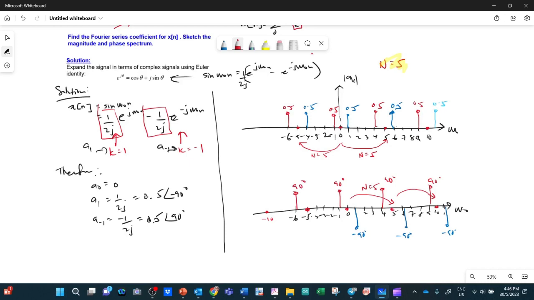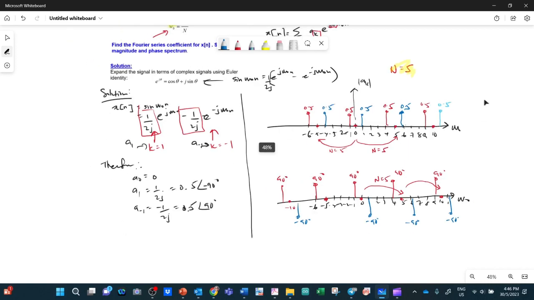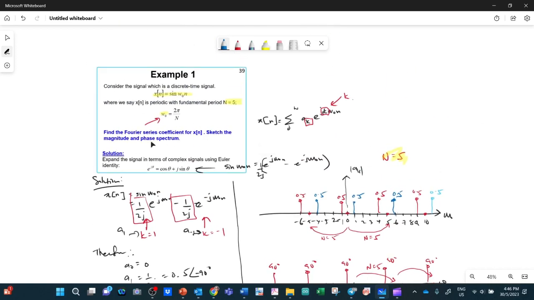Don't forget you have the minus here, minus 90 degrees. This will be the final answer for this question, the sketch for period N.